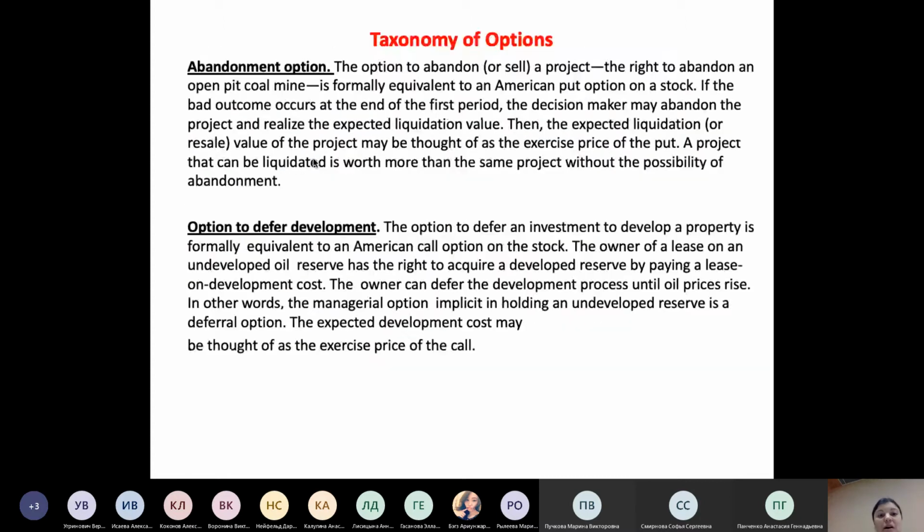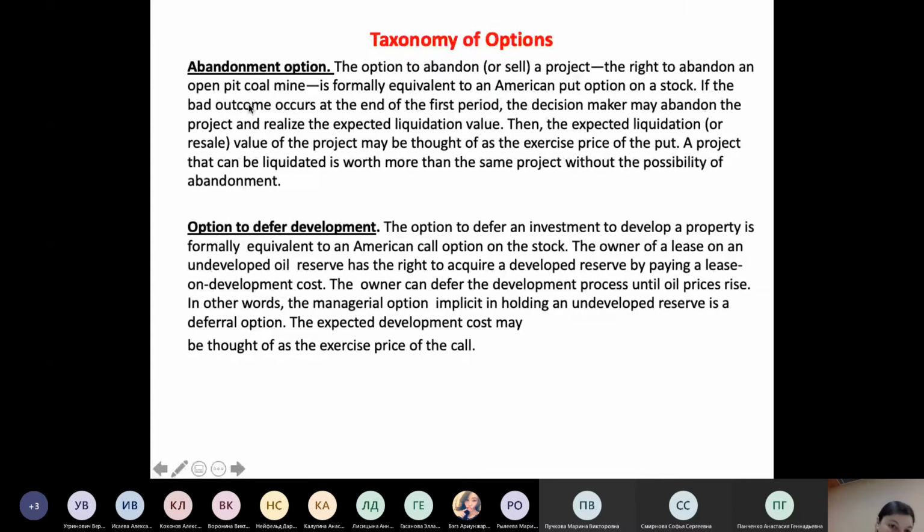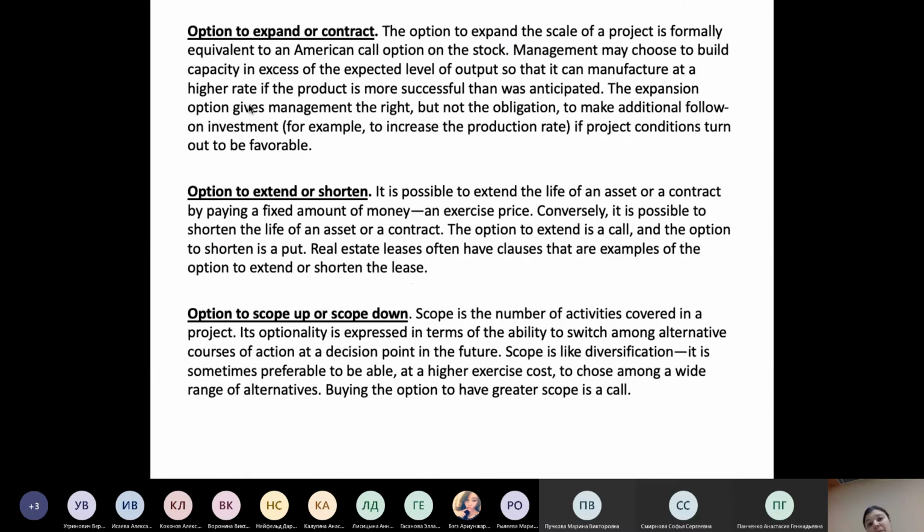Let's return to the taxonomy of options, or classification of our option. Our company possesses the option to expand or to contract in this context. In other words, for example, to defer development.